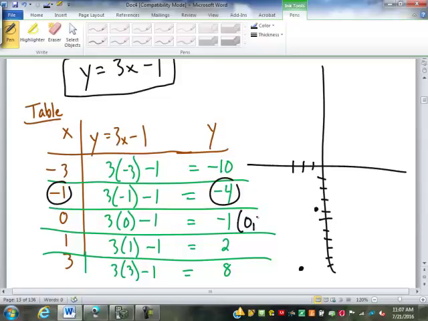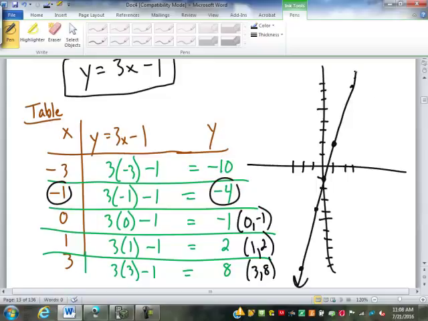This is x is 0, y is negative 1. 0, negative 1 is right there. This is x is 1, y is 2. So 1 and 2 is right there. And this is x is 3, y is 8. So 3, 8 is right there. And had I drawn my graph well, and I didn't do too bad here, that makes a nice straight line.